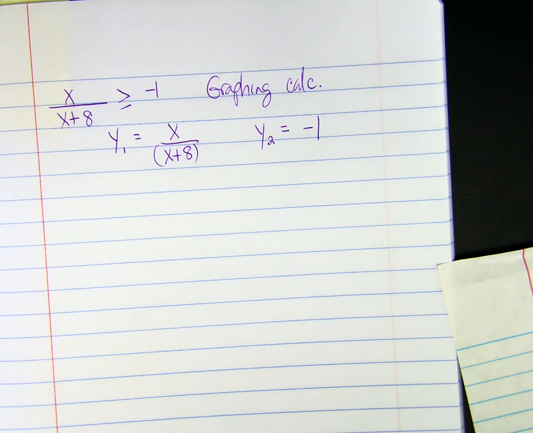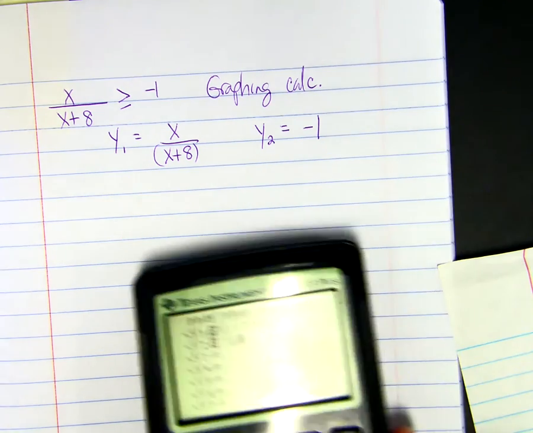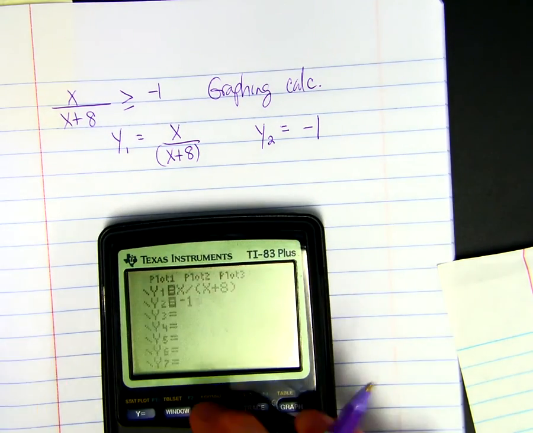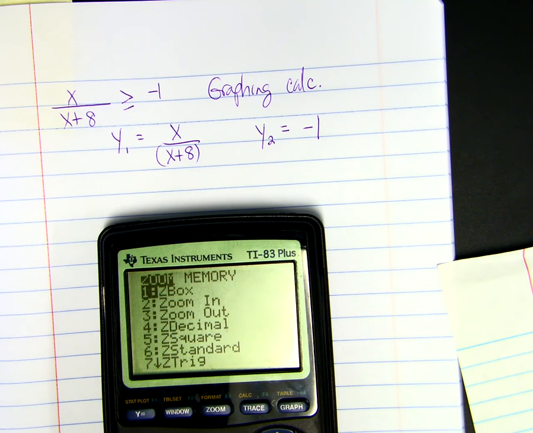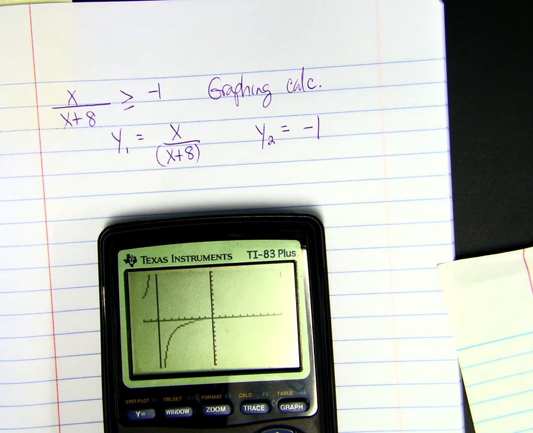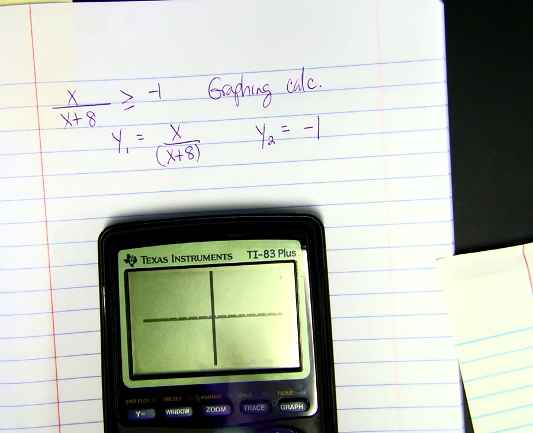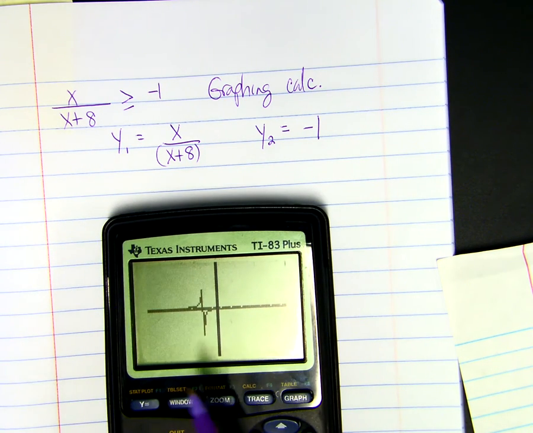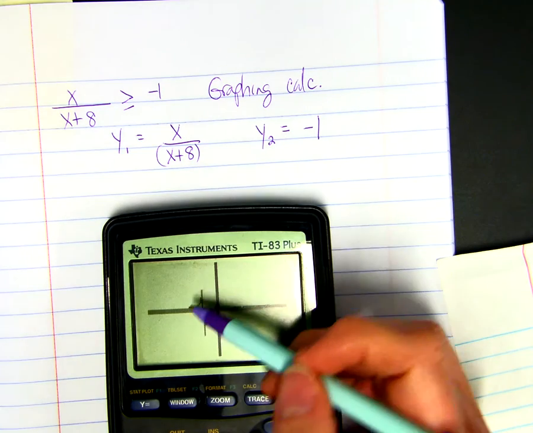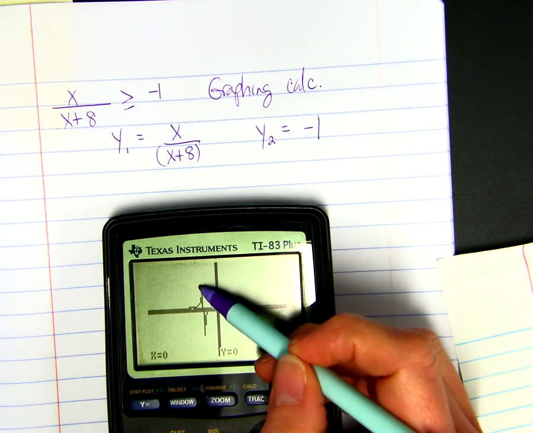X divided by x plus 8 and -1. So I'm just going to do a zoom standard on this one, just to see if that works. Okay, I'm going to zoom out so I can see what it looks like over here in this upper corner. Okay, so it's up here.